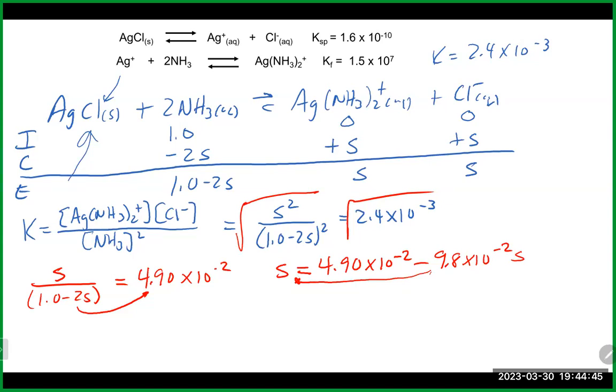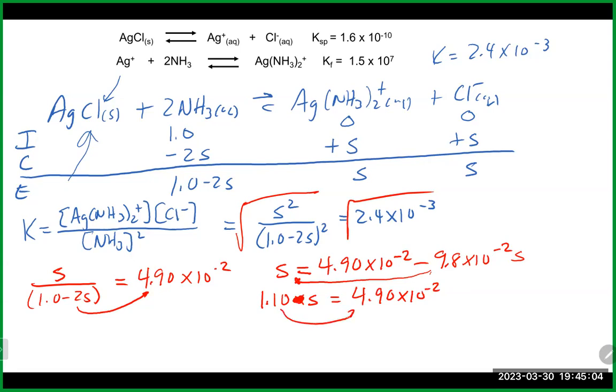And when I do that, I'm going to basically get 1.10 times S is equal to 4.90 times 10 to the minus 2.